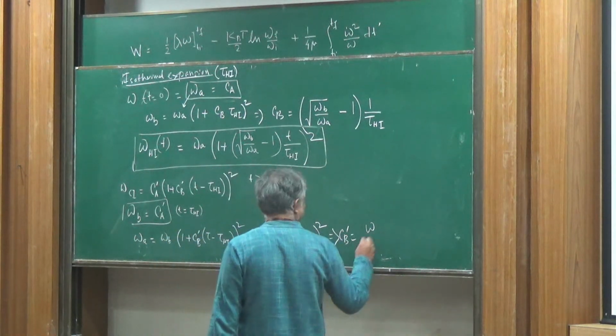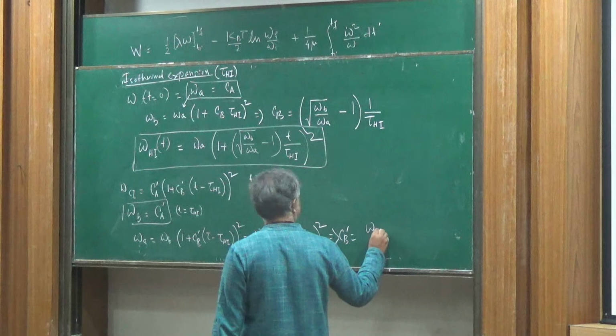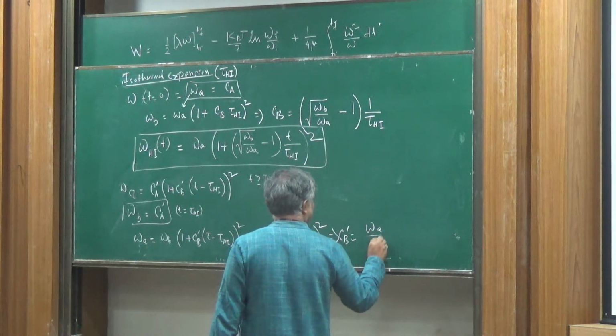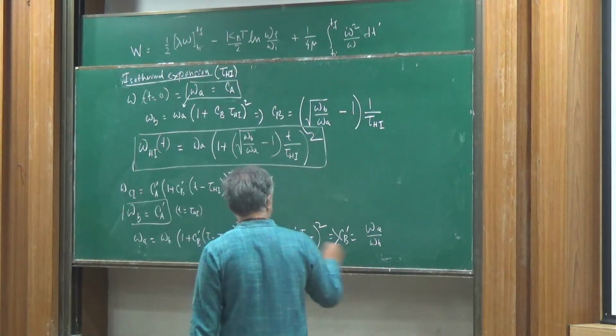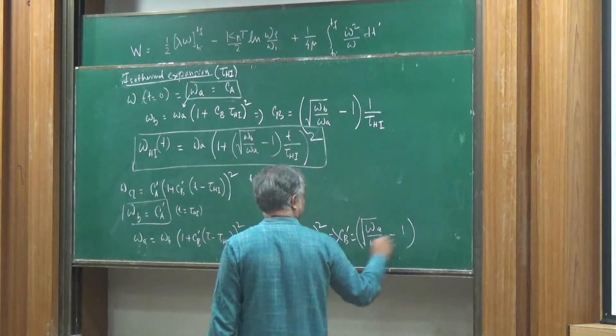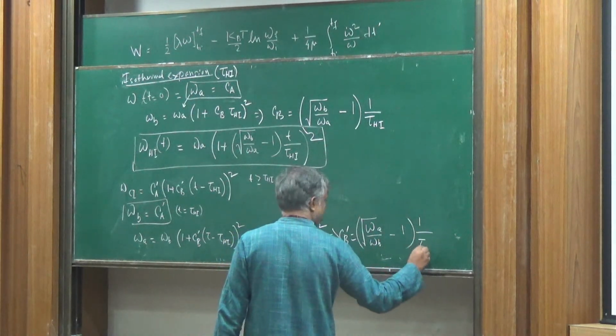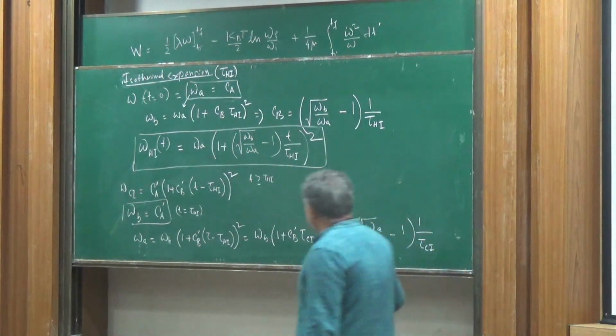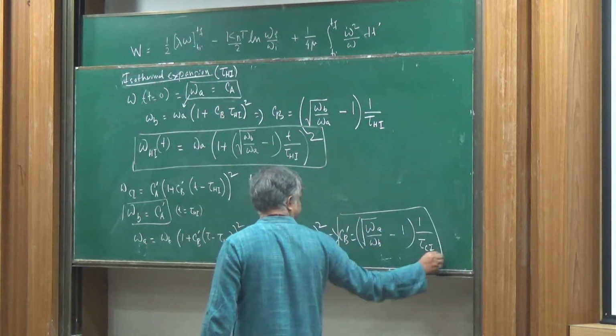So this is omega A. So these are the two constants.